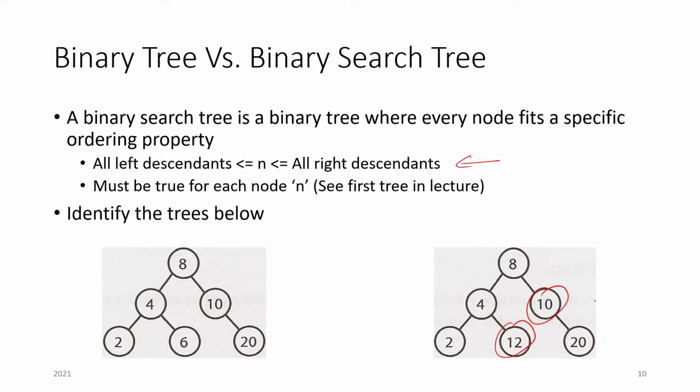So if we redrew this tree with 8, 4, 2, and then 10, 12, and 20, it could be said to be a binary search tree as well. So you need to pay particular attention to these things when you're identifying a binary tree and a binary search tree.